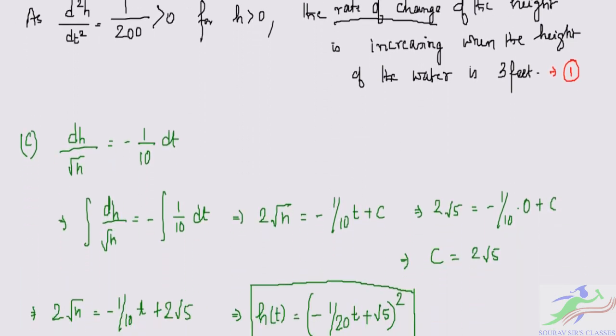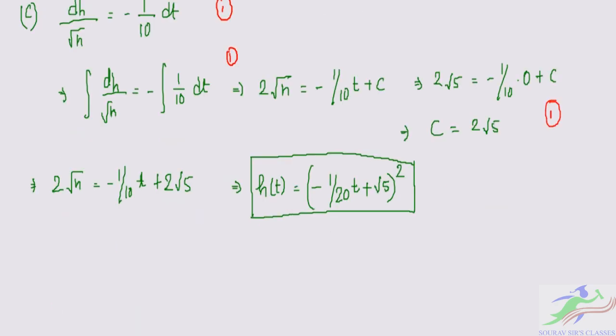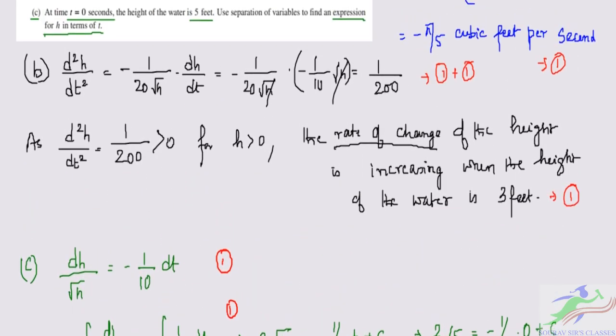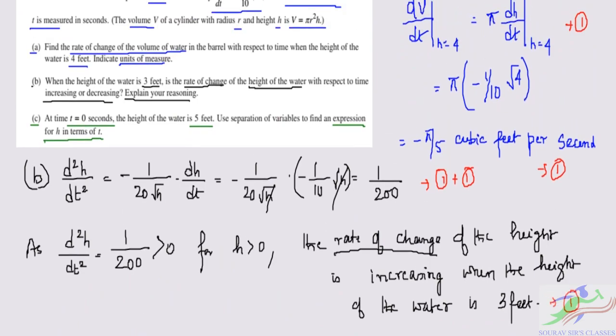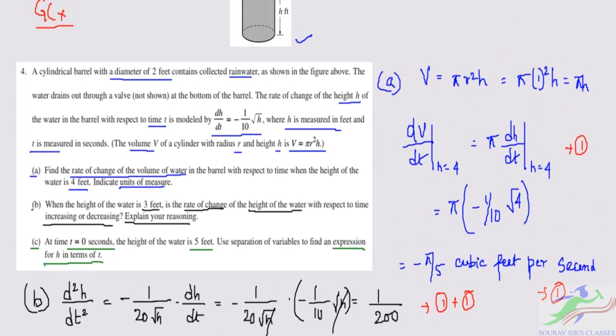For part C, first the separation of variables is 1 point, the antiderivatives another point, finding the constant of integration another point, and finally the expression for h(t) gives another point. So 4 points for part C, 3 points for part B, and 2 points for part A. That's question number 4.